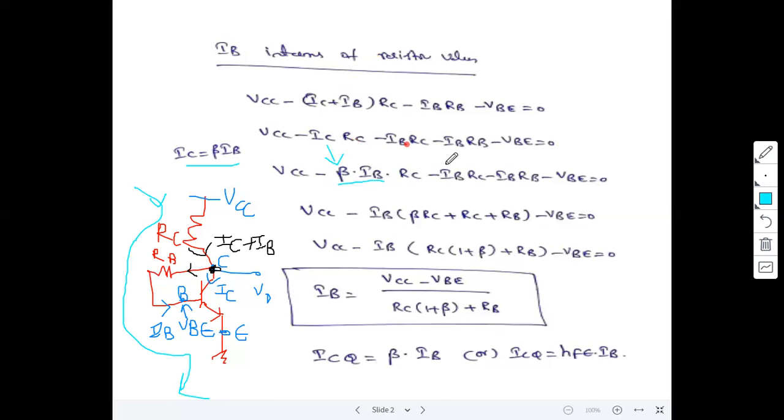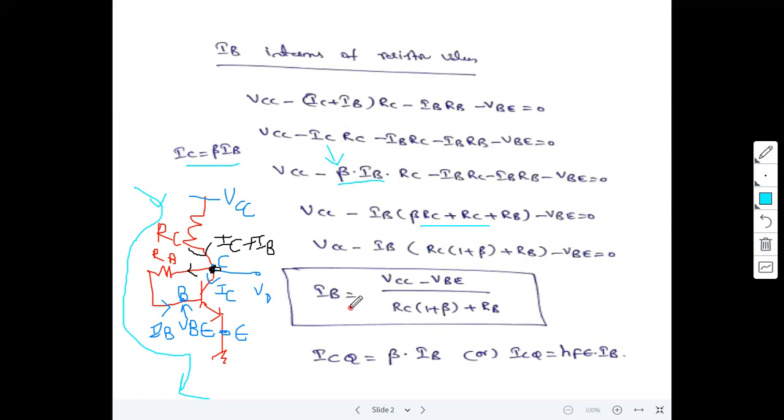So IB RC beta, plus IB RC, plus IB RB, minus VBE is equal to 0. Take IB common: IB times (beta RC plus RC plus RB) minus VBE. Then take RC common: RC times (1 plus beta) plus RB.